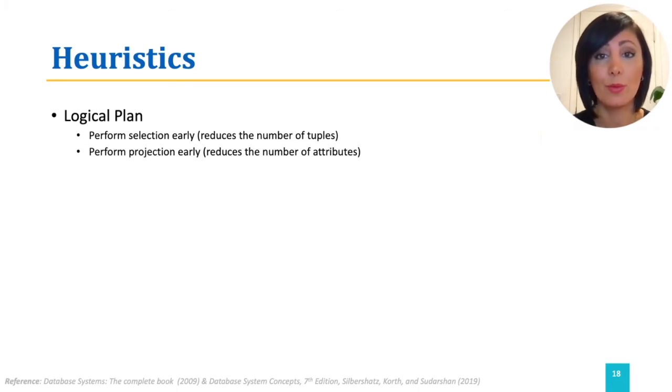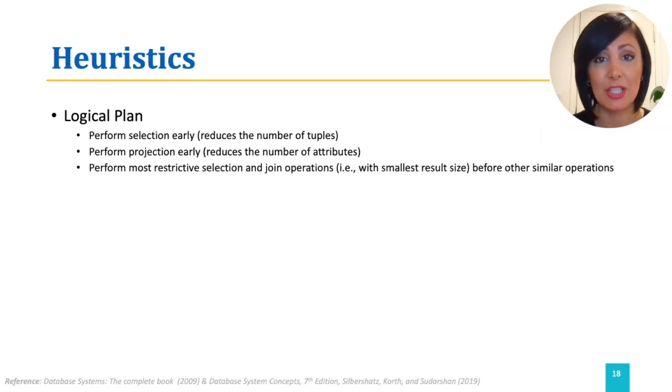And although it is less effective than reducing the number of tuples involved, it still helps in reducing the size of intermediate results. Another one is perform most restrictive selections earlier, which intuitively is trying to limit the size before other operations which grow the size are introduced to the intermediate results.